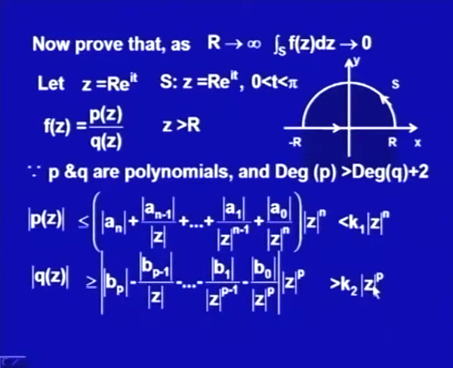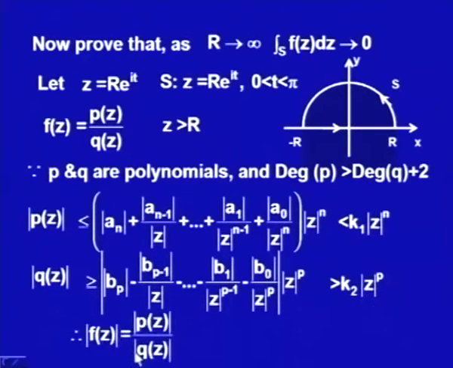Now, what have we got? We have got that when mod z is greater than r, my numerator P(z) is bounded above by k_1 times mod z to the power n, and the denominator is bounded below by k_2 times mod z to the power p.